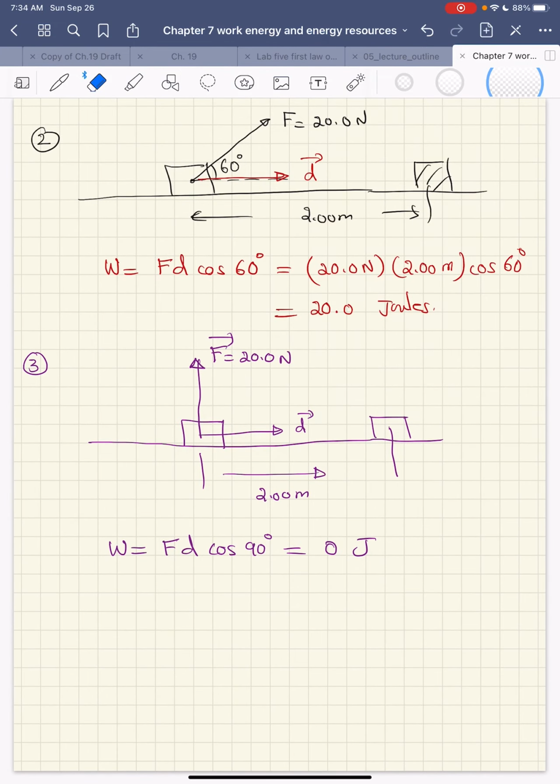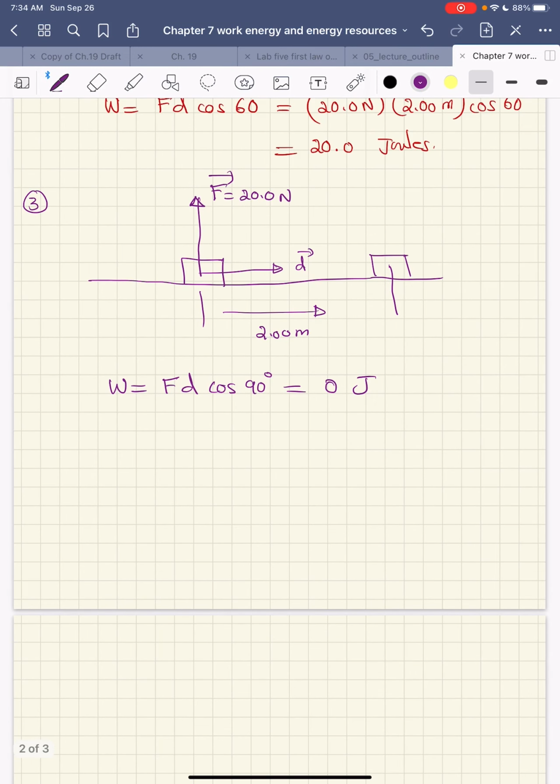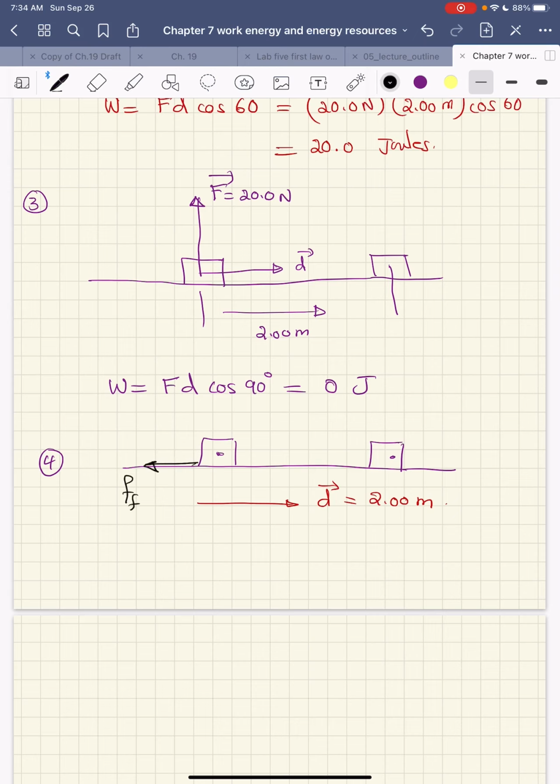Another case which is really also interesting and we need to know about it, it is when I have, this is my object moving to the right, all right? Then the displacement, which is the red vector here, d is 2 meters. But the force here is to the left, like force of friction, and it is, let's say, 20.